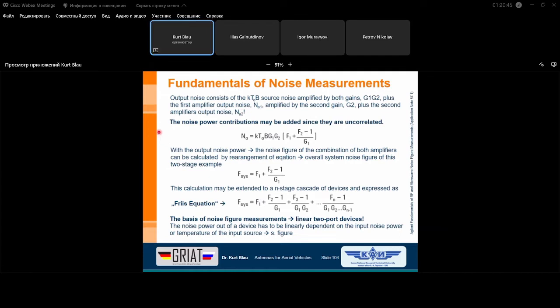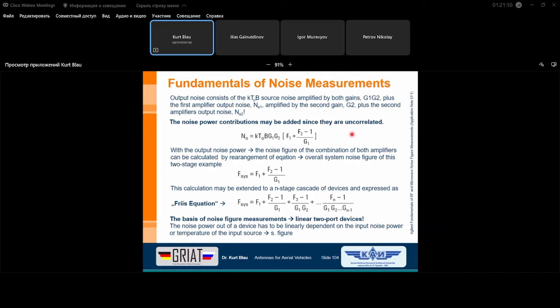So the noise power contributions may be added since they are uncorrelated. And this is very important. We cannot apply this formula if we could detect, or if we could have a proof, that the noise powers are correlated, which is different.